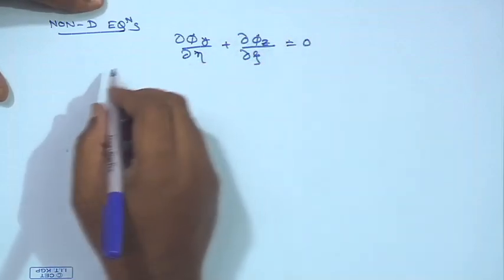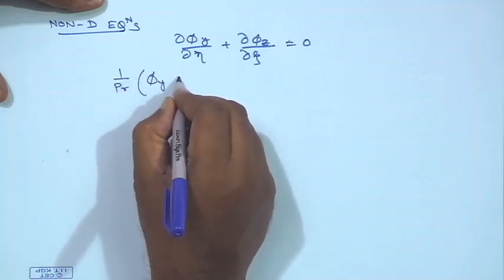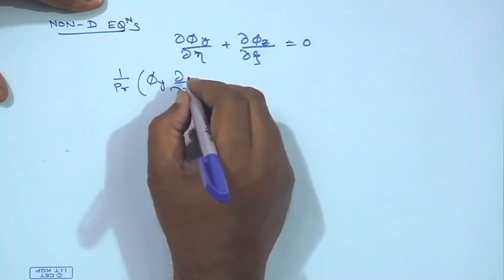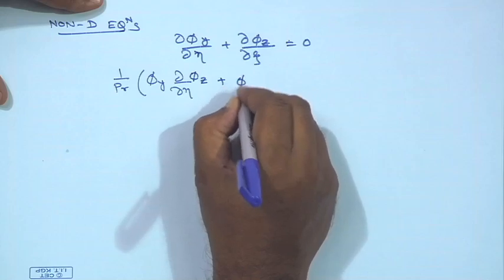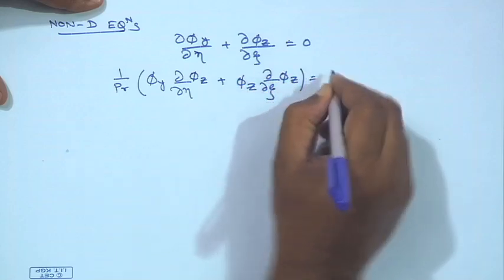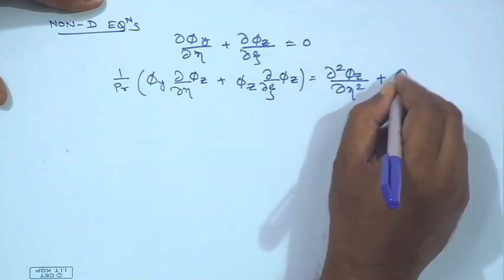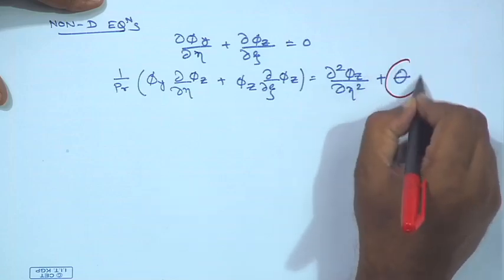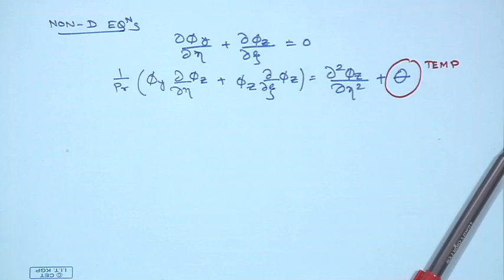The equation of motion becomes phi y del phi z by del eta plus phi z del phi z by del zeta equals del square phi z by del eta square plus theta, where this theta is the temperature term. These are all values of velocity, whereas theta is nothing but the temperature term.